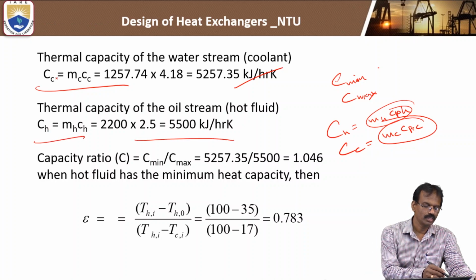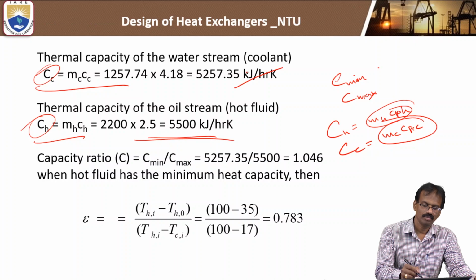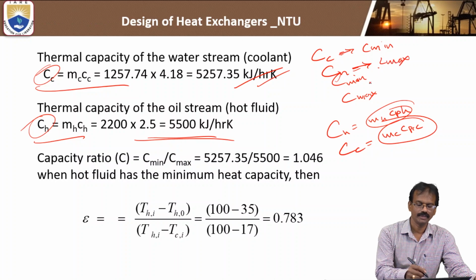Compared to CC, CH is maximum. So by comparing these two, we can understand CC, the specific heat of the cold fluid, is the C minimum, and CH automatically is the C maximum. Okay. This is C minimum.